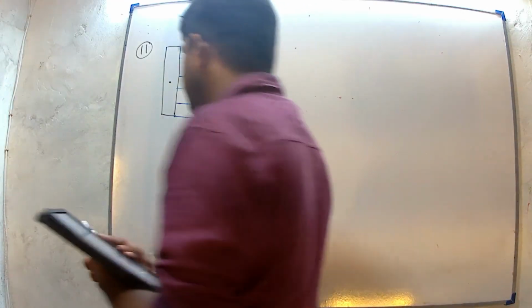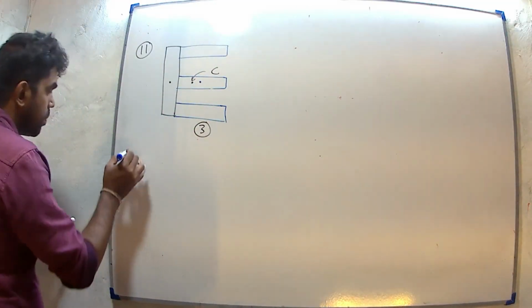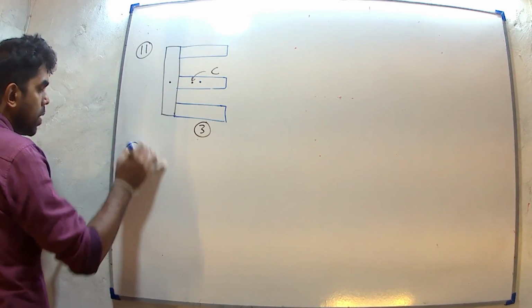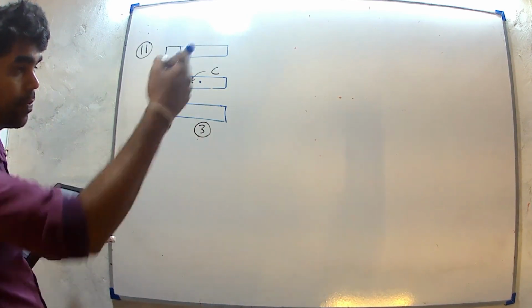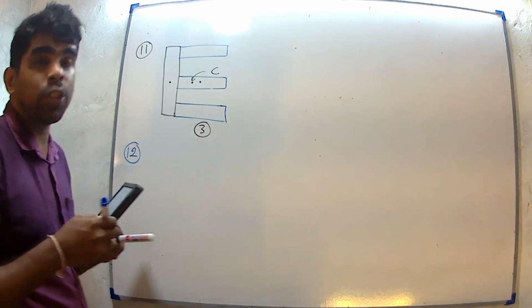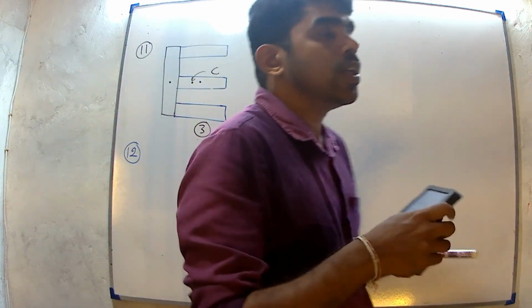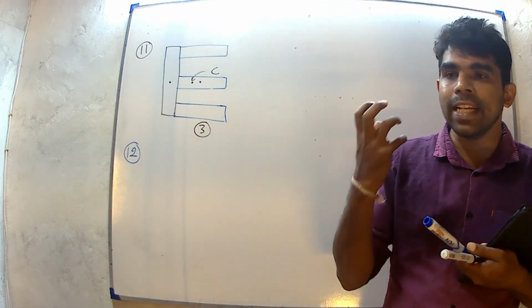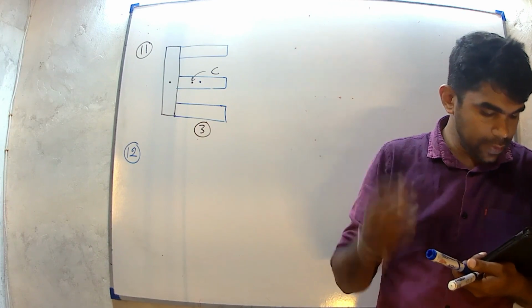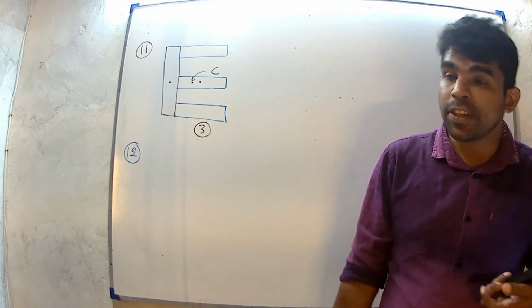We know that if the pivot point is above the center of gravity, the object is at stable equilibrium.